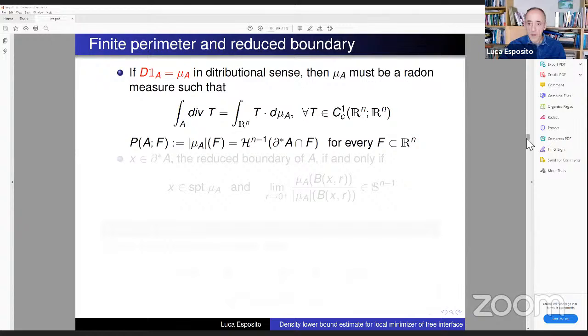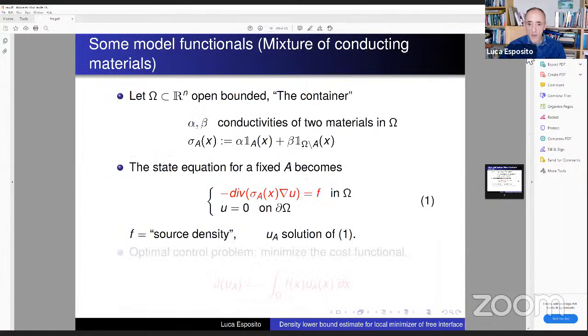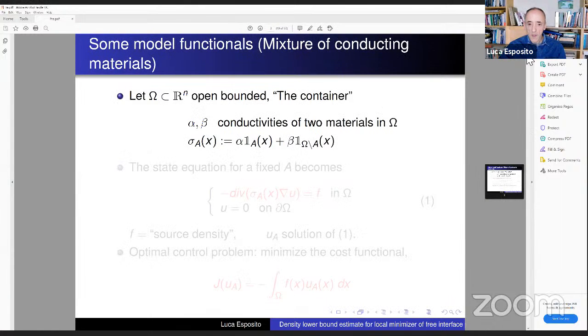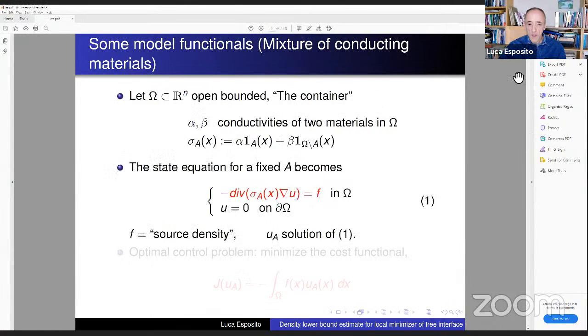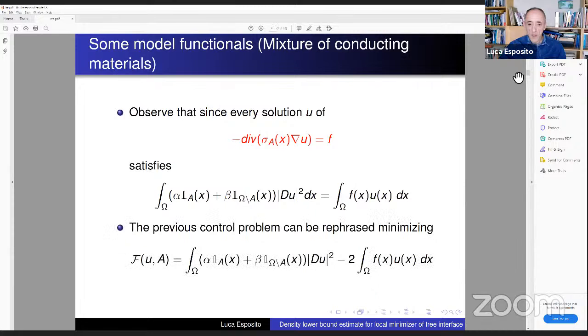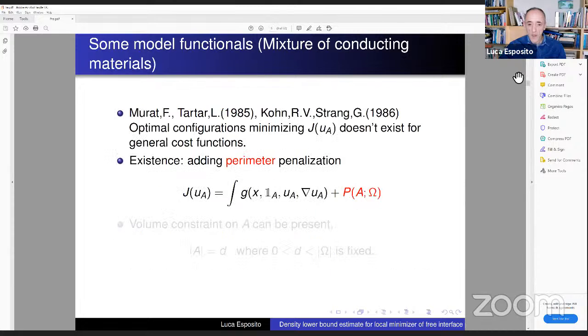You mentioned early on in the talk that without it you don't have well-posedness from the very beginning, and so this idea of penalization with the parameter was introduced. I was just wondering, out of curiosity, to what extent do you think it's necessary to include this penalization in the functional?